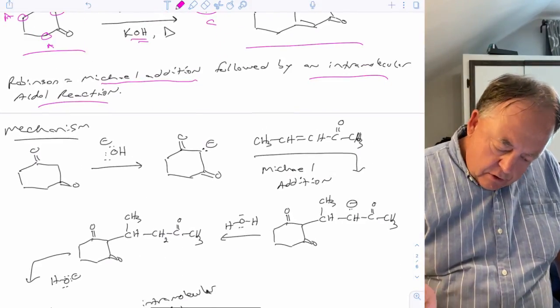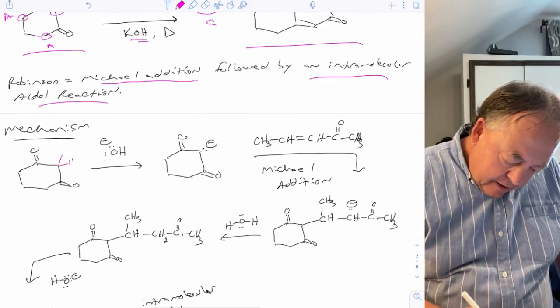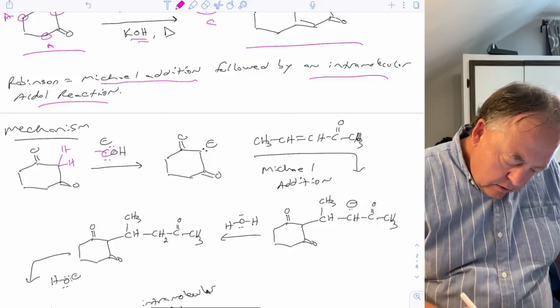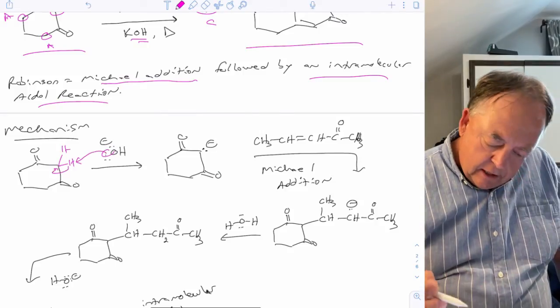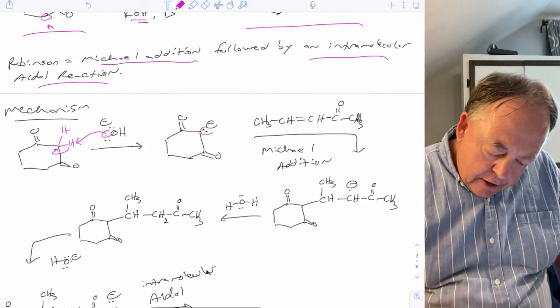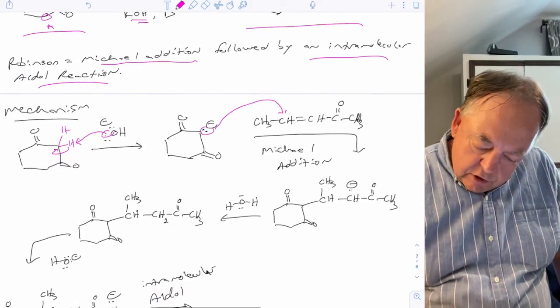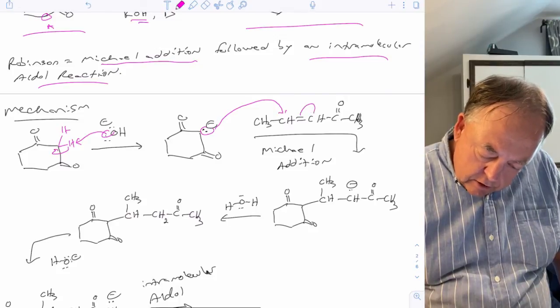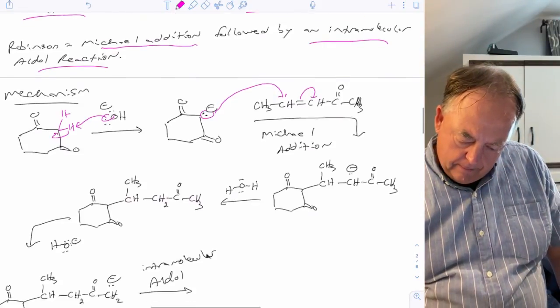Okay, so if we step through the mechanism, how this reaction works. So first of all, you make the enolate, and then enolates do Michael additions. So now you're going to take that and react it at this position, and then those electrons go there.